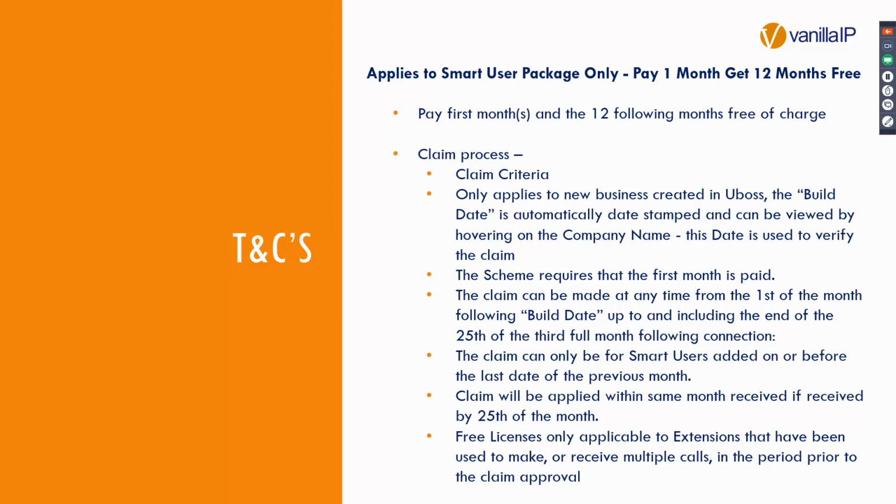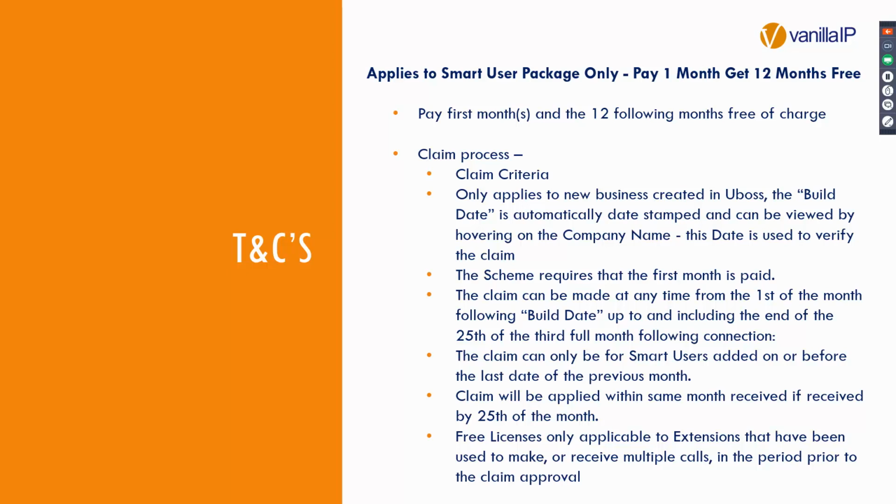So the claim process is that it will apply only to new businesses created in UBOS. So this is not a program available to existing customers who expand either the number of sites or the number of users. This is for you to bring new customers across.